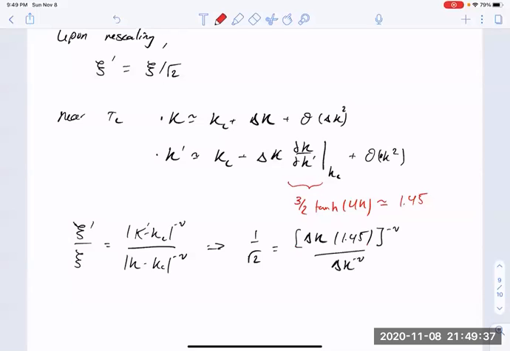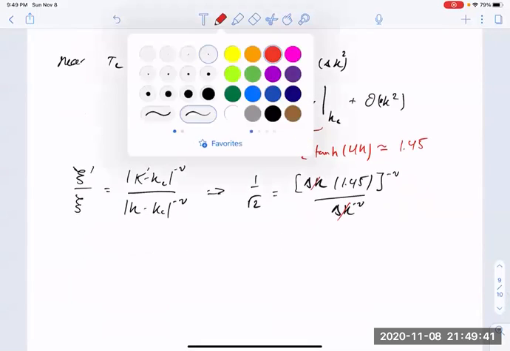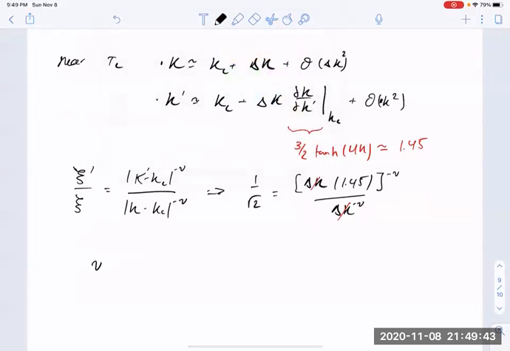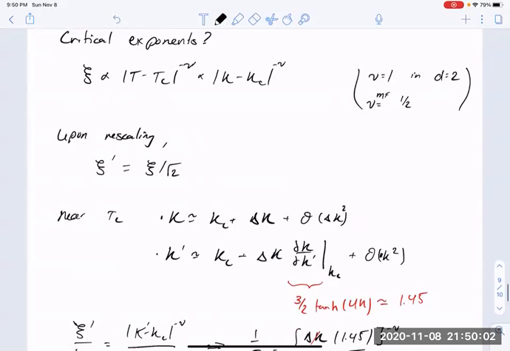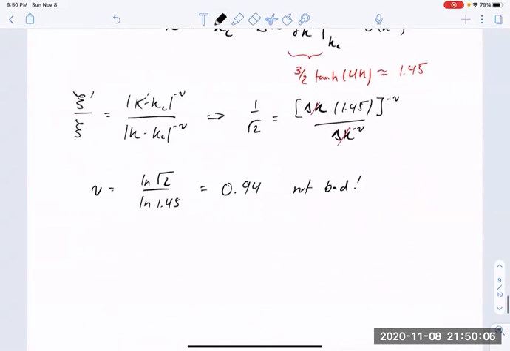Those delta K's drop out, both being to the minus nu, so we can solve for nu, and we get log of square root of 2 divided by log of 1.45, which if you run that through your calculator is 0.94, which is not too bad. It's pretty close to 1, much closer than the half that we got from mean field.